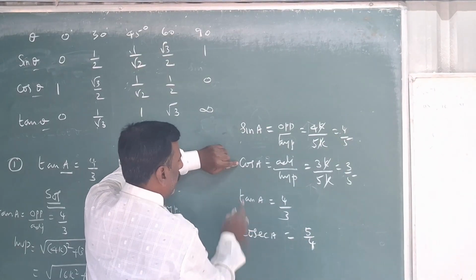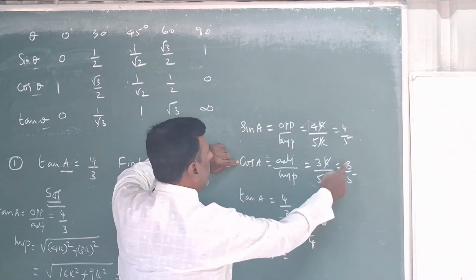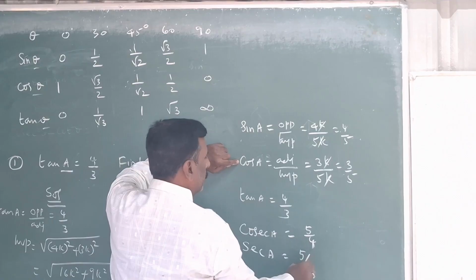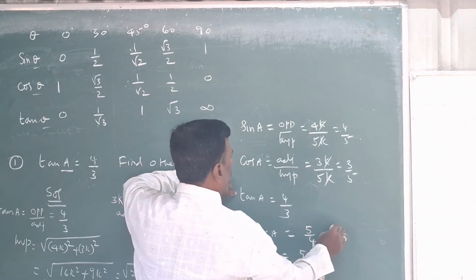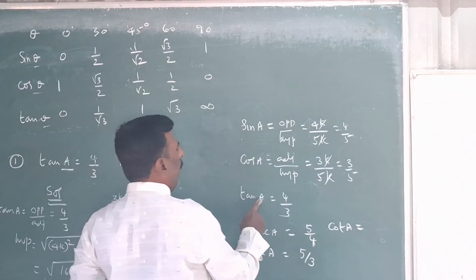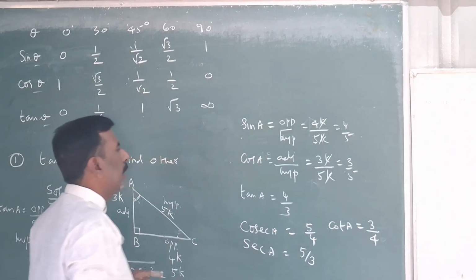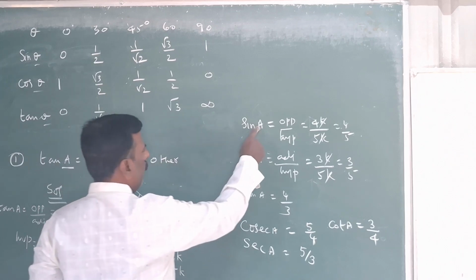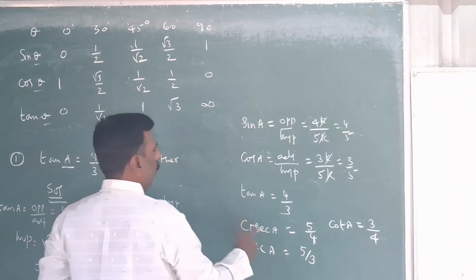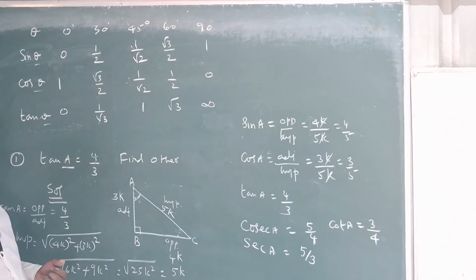The reciprocal of cos A is secant A; cos A is 3 by 5, so its reciprocal is 5 by 3. The third one is cot A, the reciprocal of tan A, which is 3 by 4. Thus we found all 6 ratios: sin A, cos A, tan A, cosecant A, secant A, cot A. In this way we do all the problems.